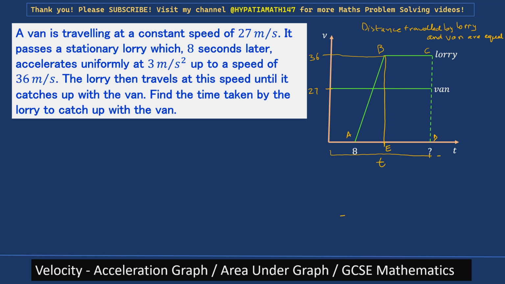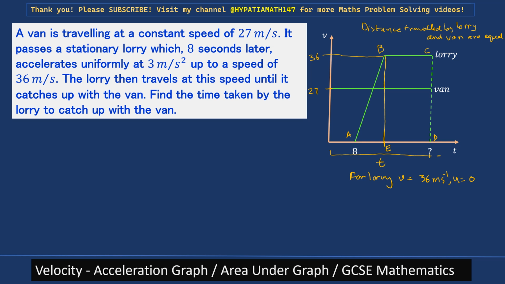So for the lorry, the final velocity is 36. The initial velocity is 0 because it starts from rest.